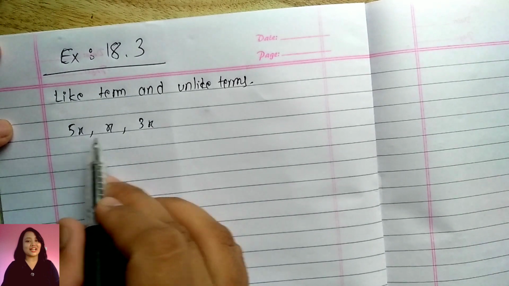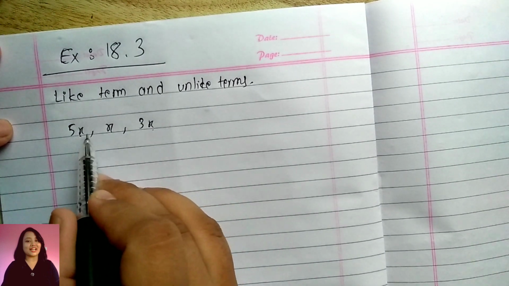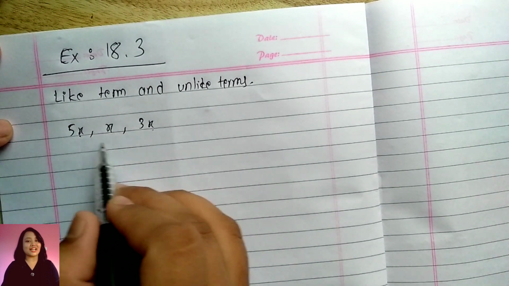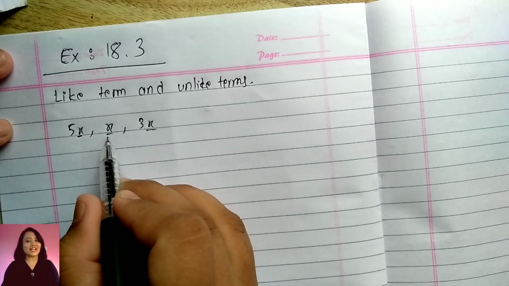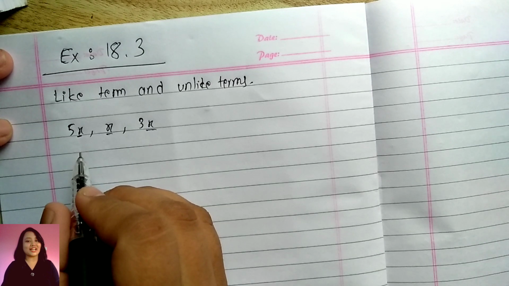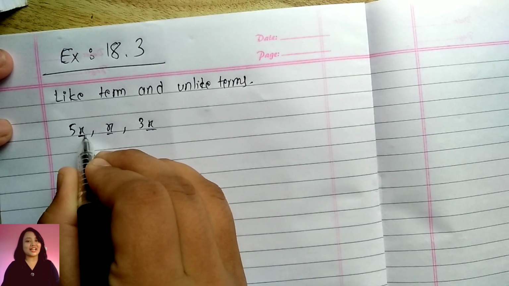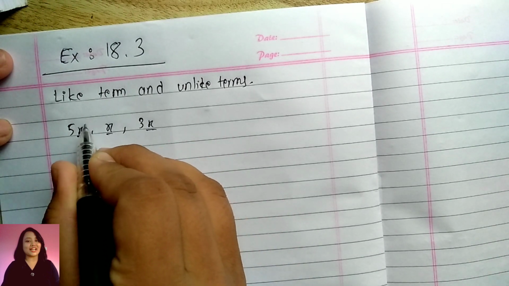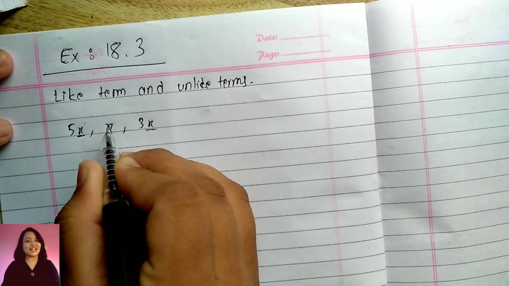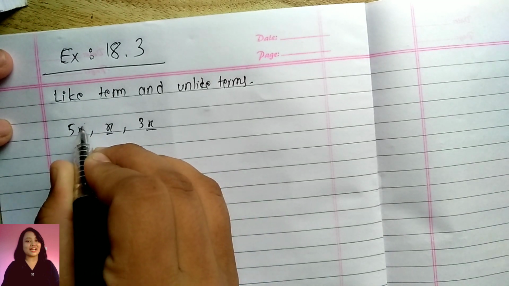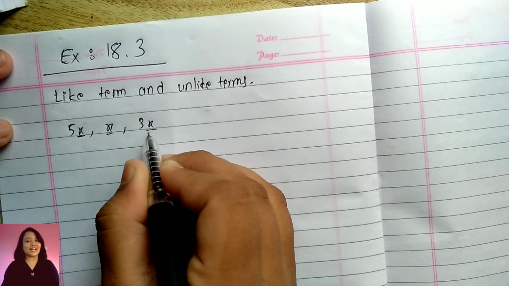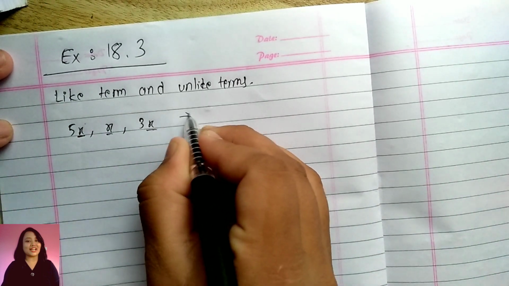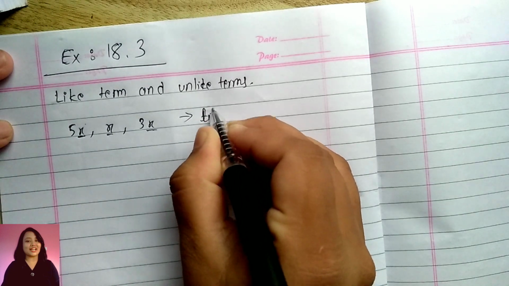What you can see here is that in all the expressions given here, every term has x as a common base, right? So this is the common base. And what is the power of x? The power of x is not given, that means we have to consider it 1, right? So when every base and the power is also equal, those sorts of terms are known as like terms.